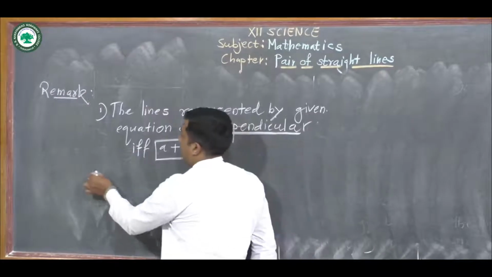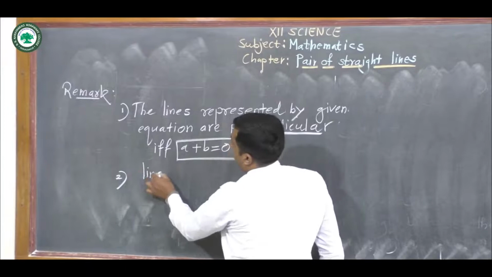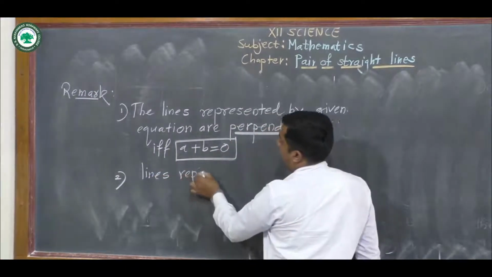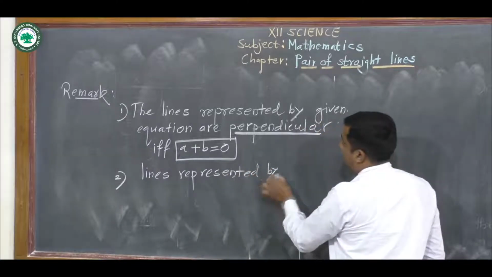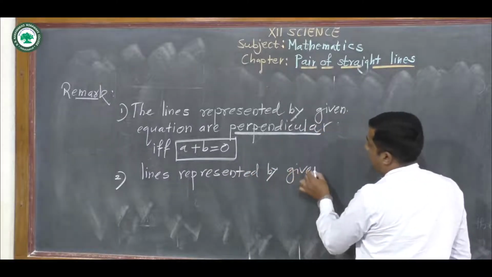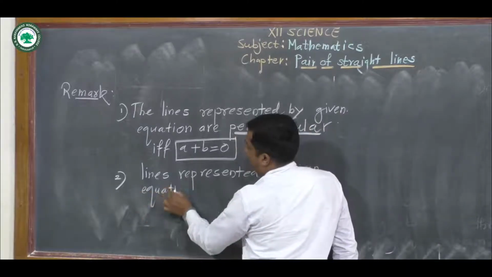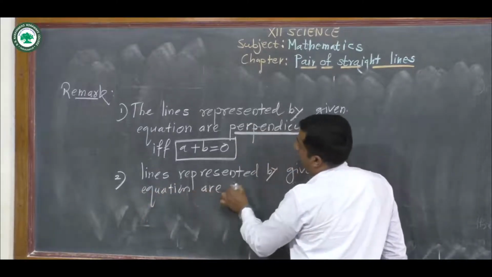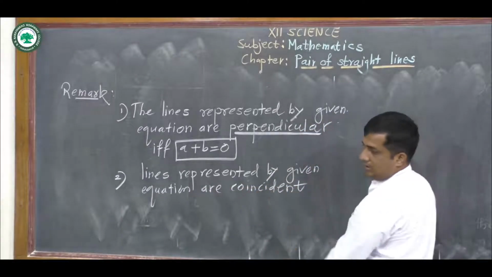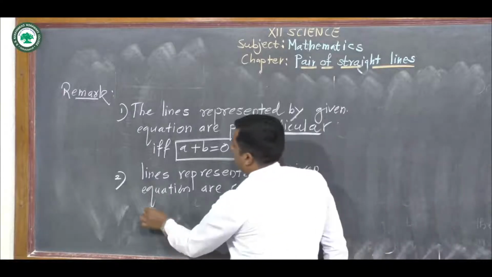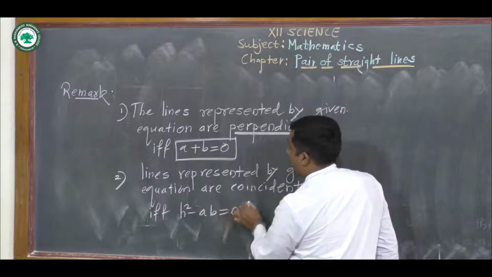Then we consider second, for coincident lines. Lines represented by the given equation are coincident if and only if h square minus ab is equal to 0.